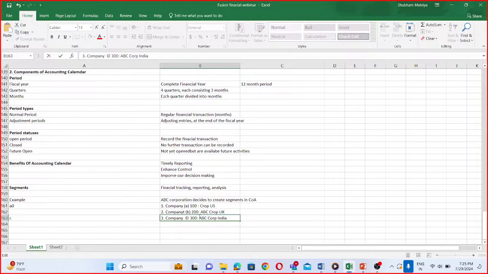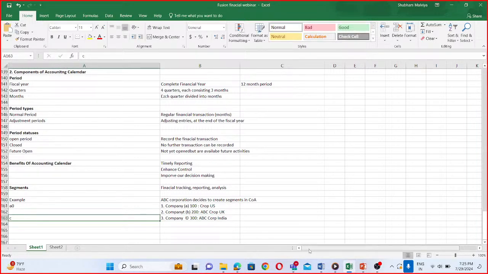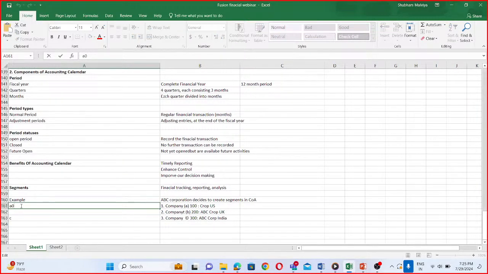So the company segment identifies the legal entity or business unit within the organization. So our first segment is company.